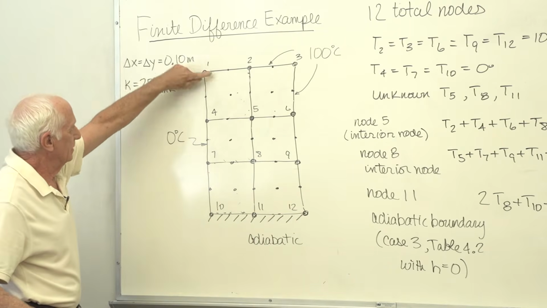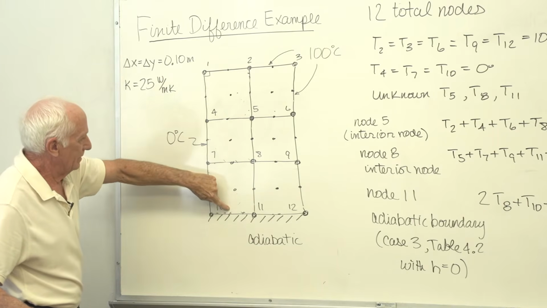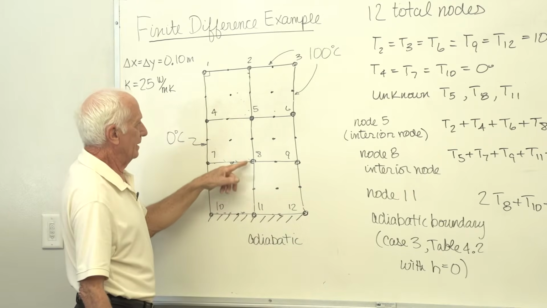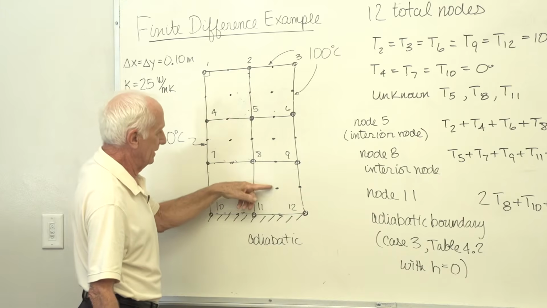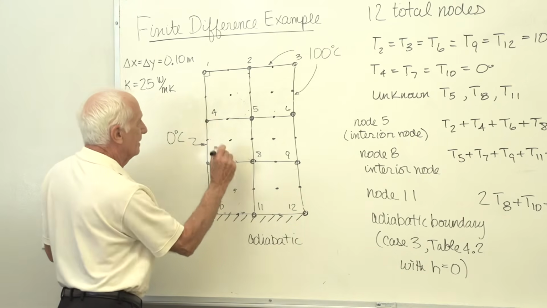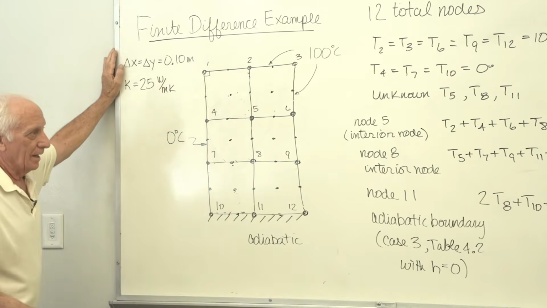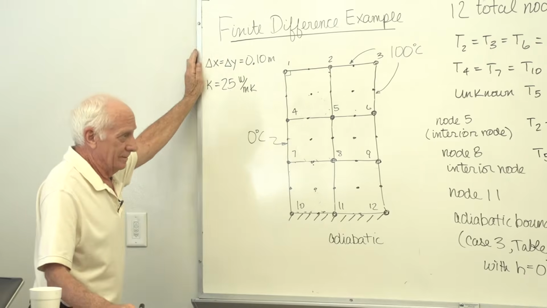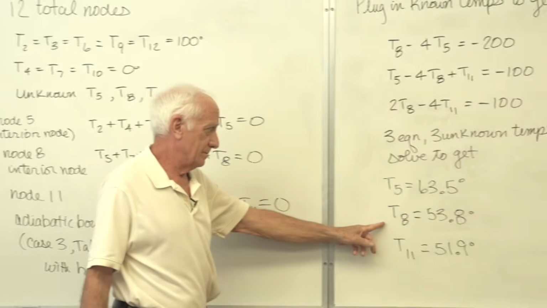Unknown temperatures: 1, 2, 3, 4, 5, 6, 7, 8, 9, 10, 11, 12, 13, 14, 15, 16, 17, 18. Is that right? Now you have 18 equations, 18 unknowns. Those answers now will be a lot closer to the real answers.